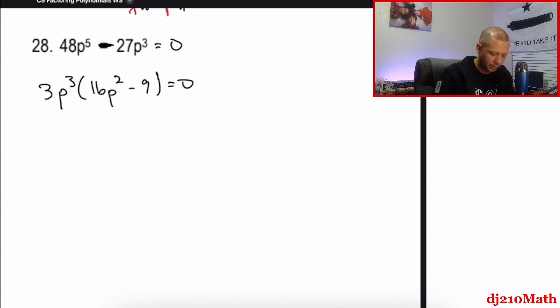Right, so 3 times 9 and then p cubed. Okay, so we set each of these equal to 0. So right here, could we factor the right side more? Yeah, we could. But since we're solving for p and it's a power of 2, we're going to take a square root. I'm going to get the other answer anyway. So I'm not even going to factor this anymore. So 3p cubed is equal to 0. P must be 0.